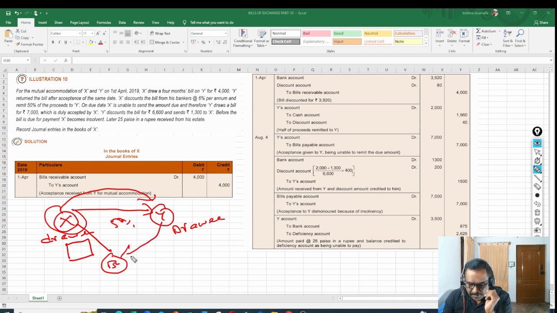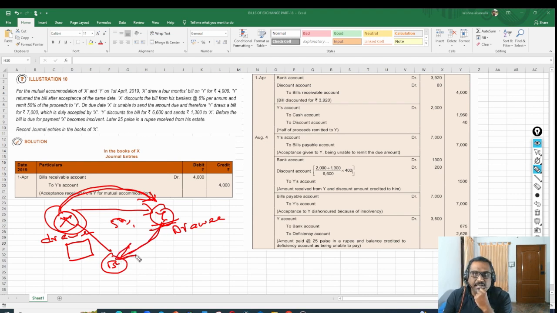Y has to pay this amount to the banker. So what is Y going to do? Y expects X to pay back the amount used by him, and the amount used by him he will take into account, plus the amount received from X he will take into account, and then he will make the payment to the bank.